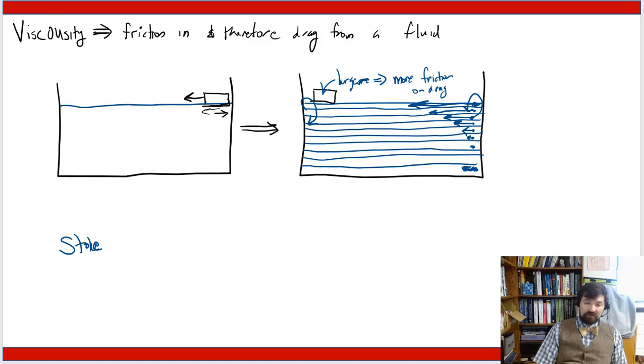in Stokes' law drag earlier in physics, the drag force Fd is given by some set of constants. Usually we use 6 pi eta, and then there's usually some length parameter and then some speed parameter.